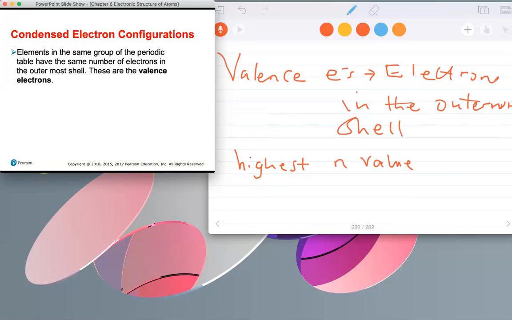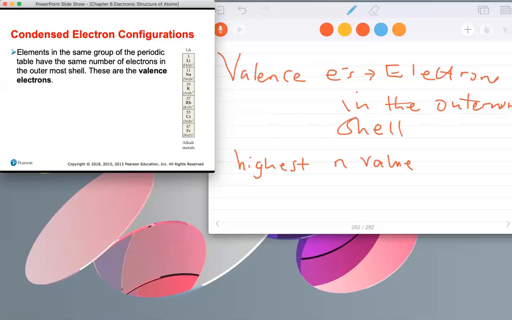For main group elements, the number of valence electrons corresponds to group number. Group 1 has 1 valence electron. Group 2 has 2 valence electrons, and so forth. We'll see in chapter 7. So the valence shell contains valence electrons. There is a reason why we say main group elements on the periodic table.